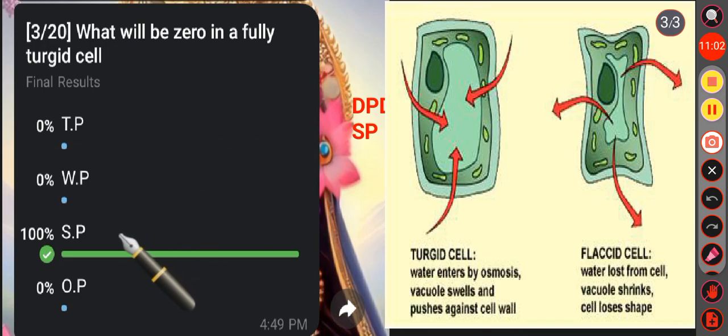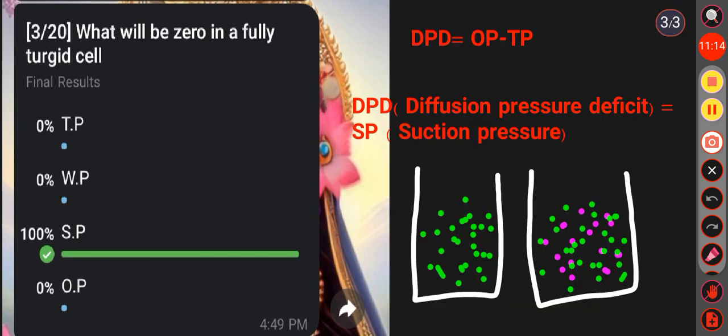Then coming to the option, that is suction pressure or SP. Remember, suction pressure is also called DPD. What are they? Try to understand. Suppose here in this beaker pure water is present, but here the sugar solution is present. Remember, every liquid has a definite diffusion pressure, and the diffusion pressure of pure solvent is always more than the diffusion pressure of its solution, right?